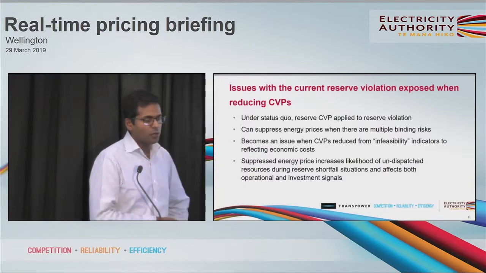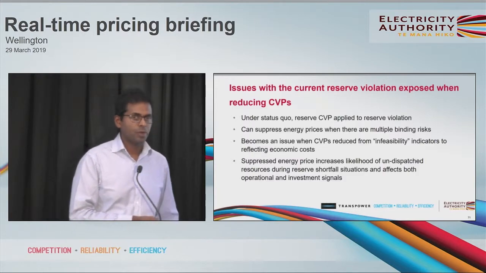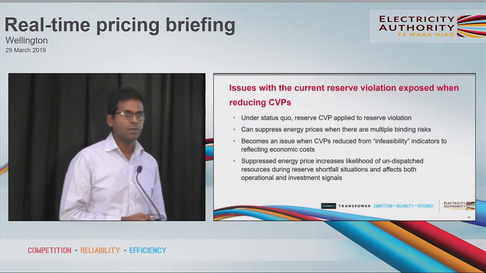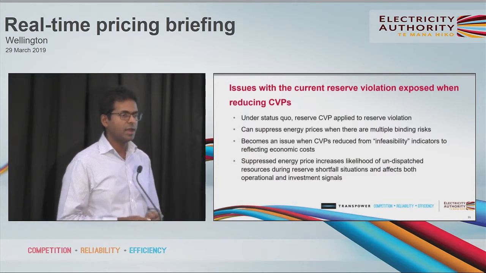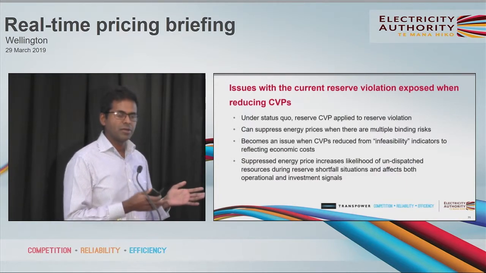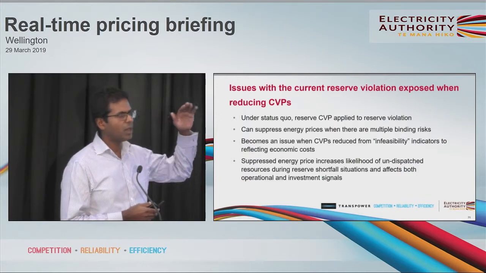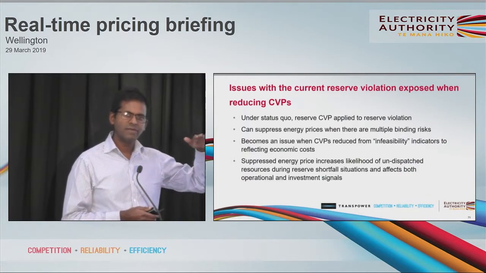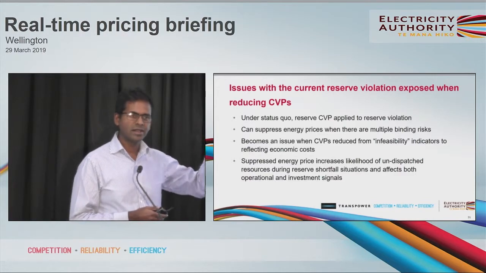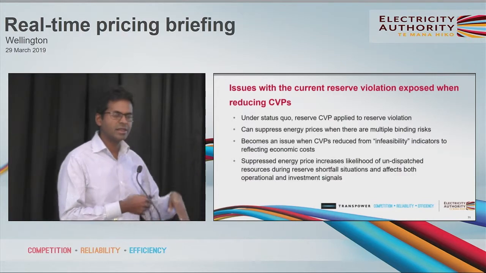Now that poses some issues when we move to CVPs that are more economic in their level. It doesn't really pop up under our status quo because the CVPs are so high, they're like $100,000. So even if you halve them or divide them by 3, they're still like $33,000, and they're still well above market offers.